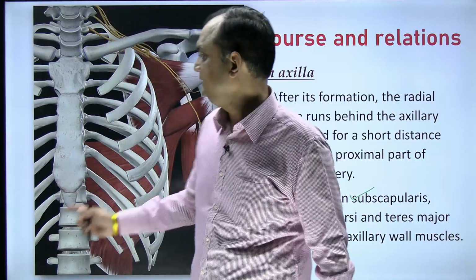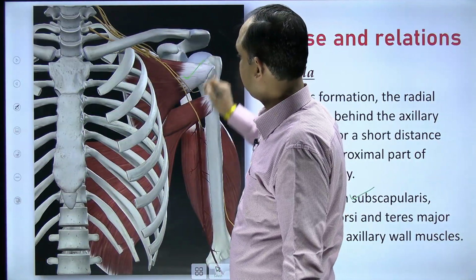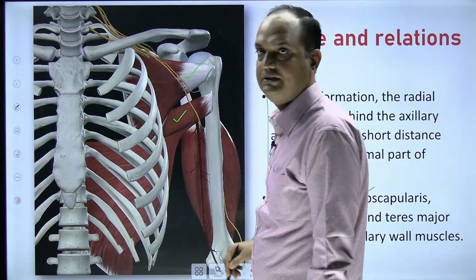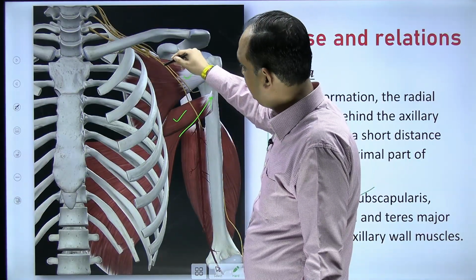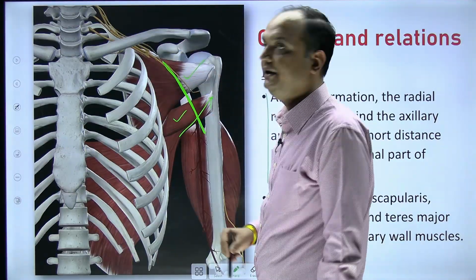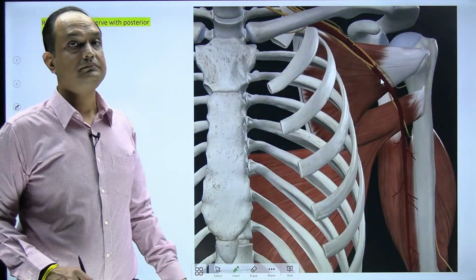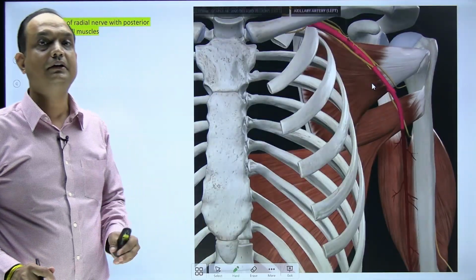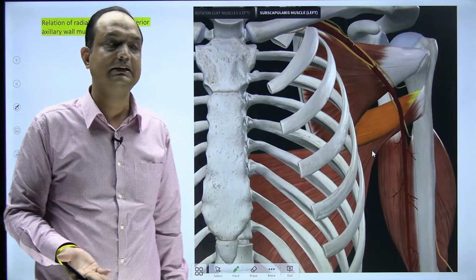Here you can see this is your subscapularis, below that you will have this teres major, and this is the latissimus dorsi, and on these three muscles you can see this is your radial nerve. Clear? Whenever you are doing the dissection, you will find that the radial nerve is not visible because it lies behind the axillary artery.